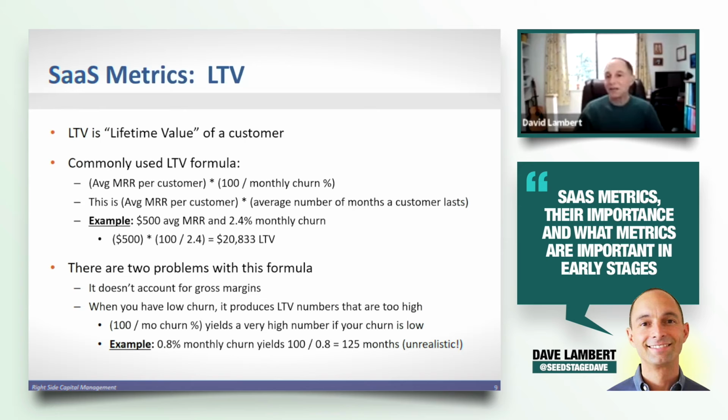And that's completely unrealistic if you're an early stage company. If you've got 1 million in ARR and you've been around for 2 years, do you think there's much of a chance that your average customer is going to be with you for over 10 years? Probably not, right? So much is going to change in that industry with you, with the economy.